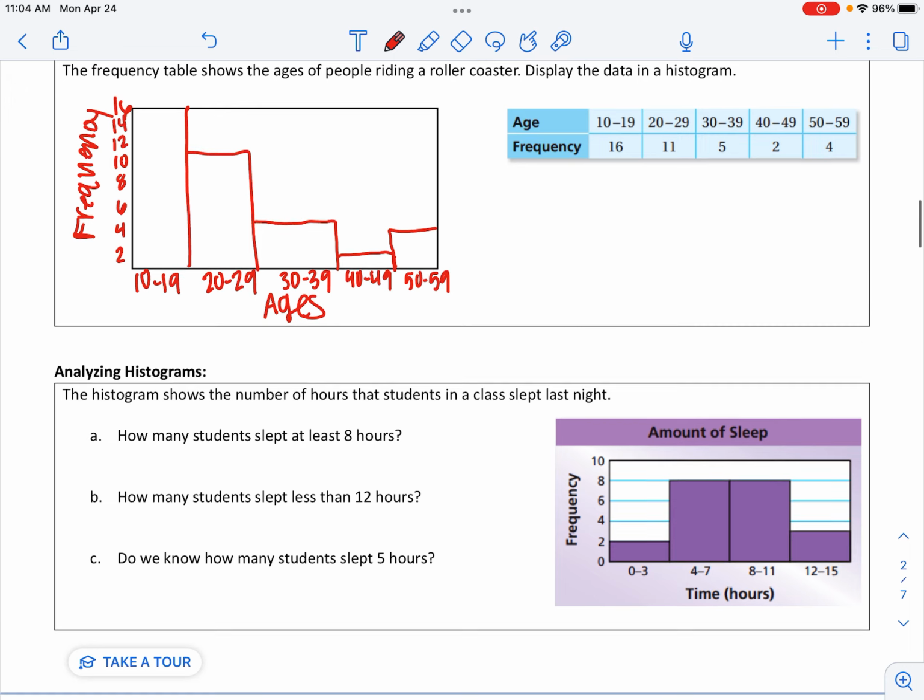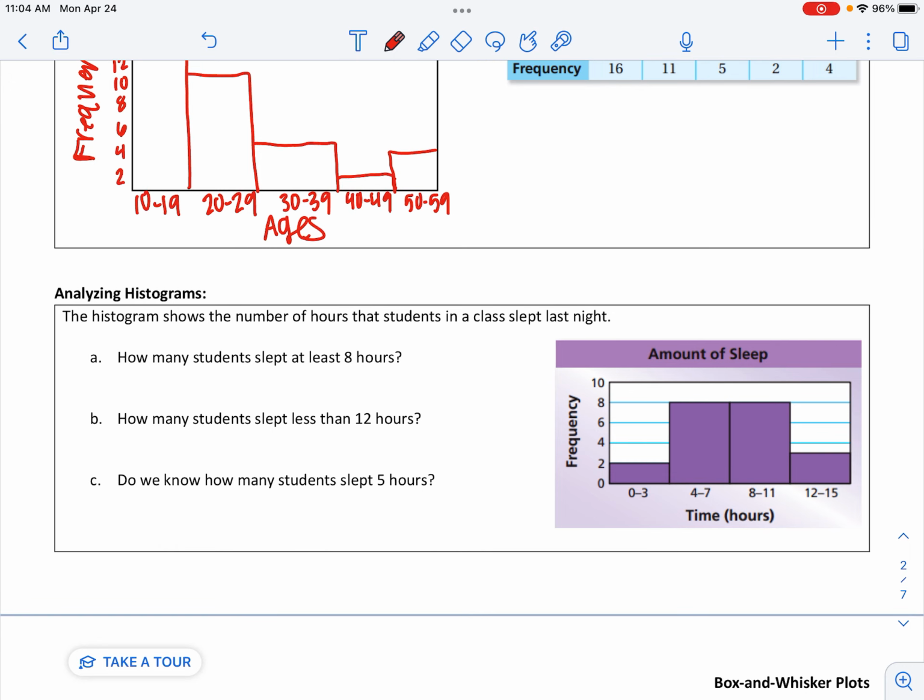And then lastly, the histogram shows the number of hours that students in a class slept last night. So we can see this is 0 to 3 hours, 4 to 7 hours, 8 to 11 hours, and 12 to 15 hours. And then on the left, it shows how many people slept in those intervals. So the first question says, how many students slept at least 8 hours?